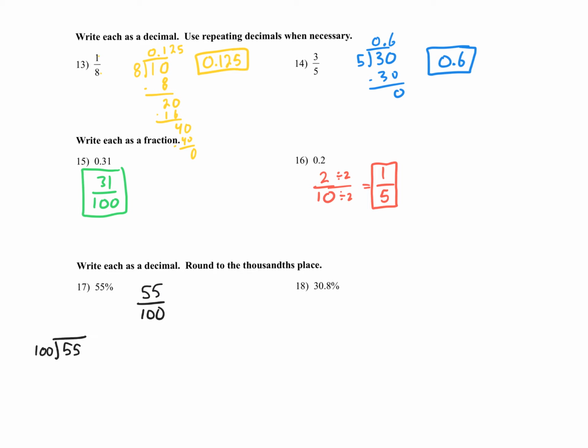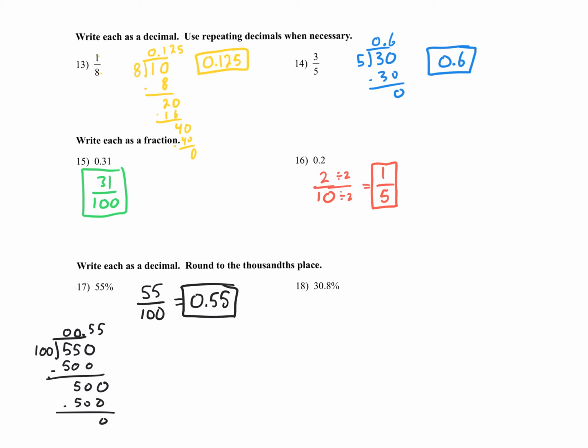It doesn't go into 5, doesn't go into 55, so I add the decimal and add a 0. It goes into 550 5 times. 5 times 100 is 500. I end up with 50. And then add on a 0. 100 goes into 500 5 times. 5 times 100, 500. Okay, so if you want to use that method, you can definitely do that. So this is equal to 0.55.